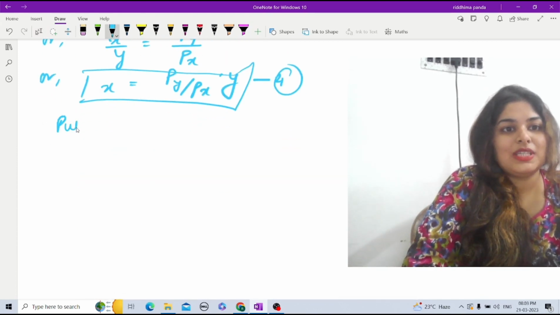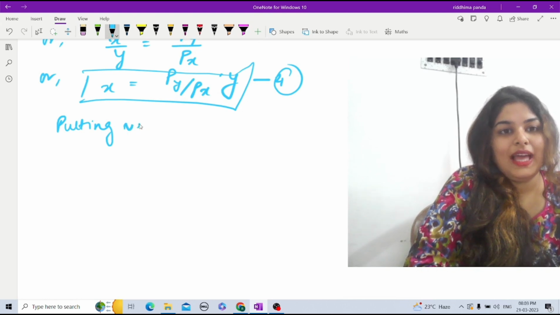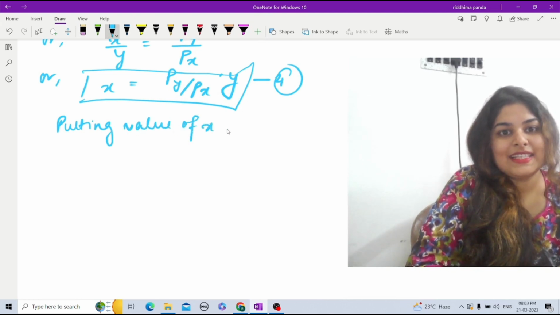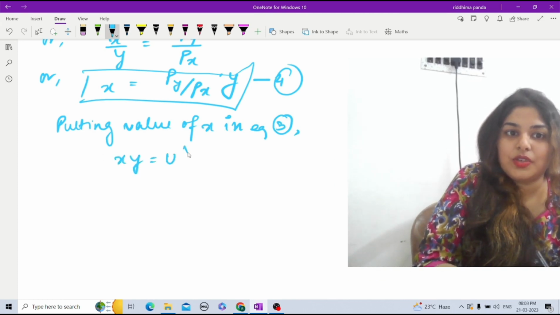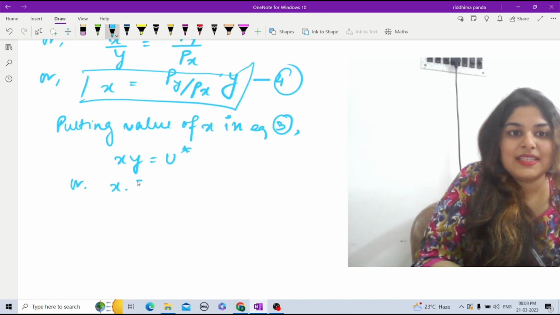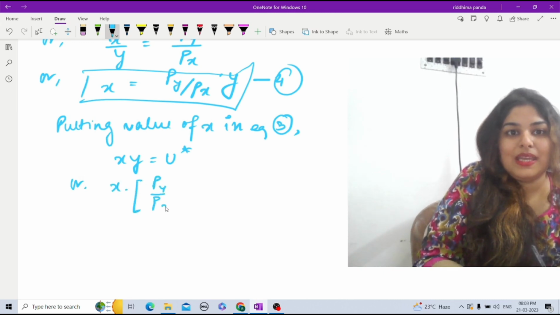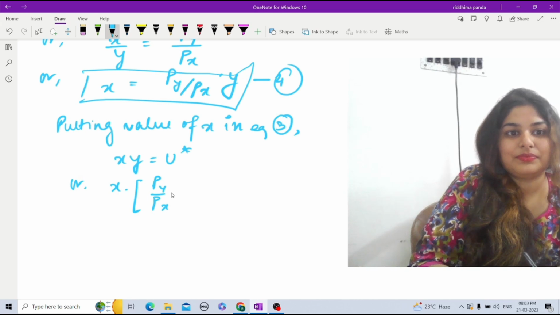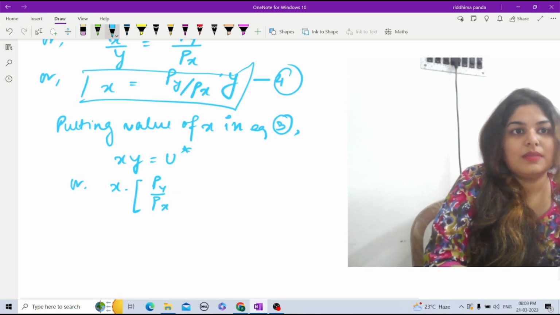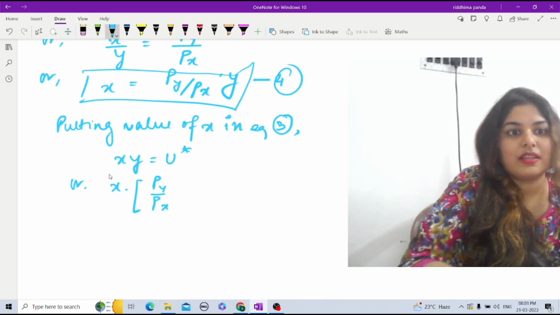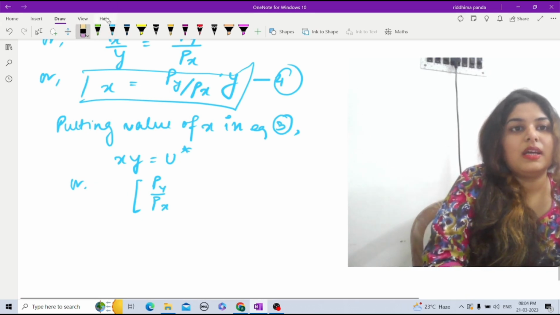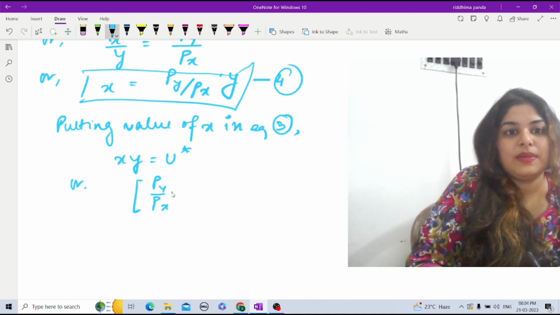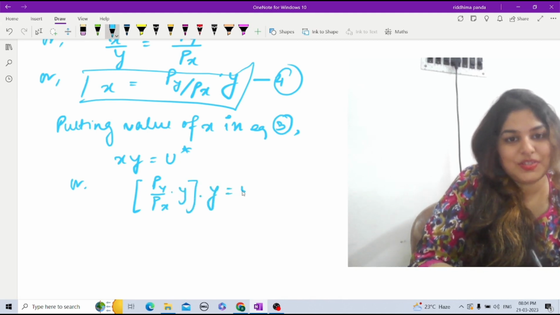So putting the value of x in equation 3, what is our equation 3? Equation 3 is xy is equal to u star, or py by px into y, sorry, we are putting the value of x, so this should be y. py by px into y times y is equal to u star.